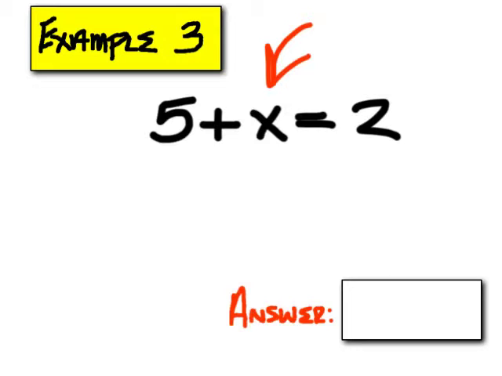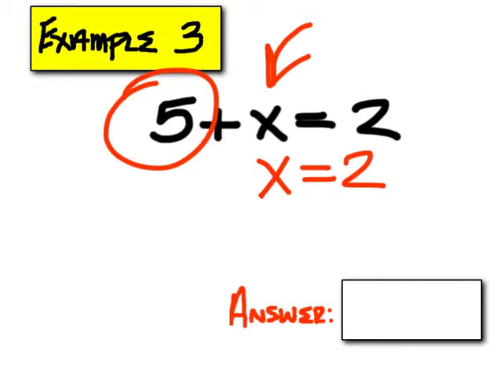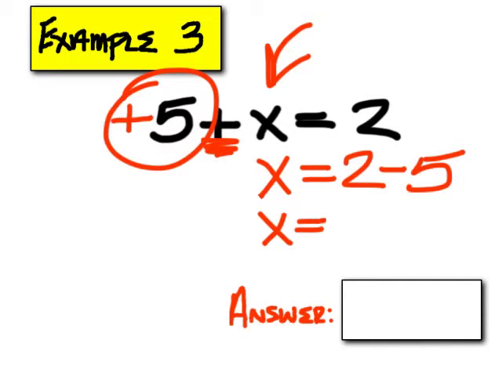Example number 3, notice that the x is on the right side of the left side, but it doesn't change what you do. Keep the x where it's at, move this and the sign that is with it. The sign that is with it is not this, because that is to the right of it. This is a positive 5, even though the sign is not written. Therefore, it becomes minus 5 on the right side.